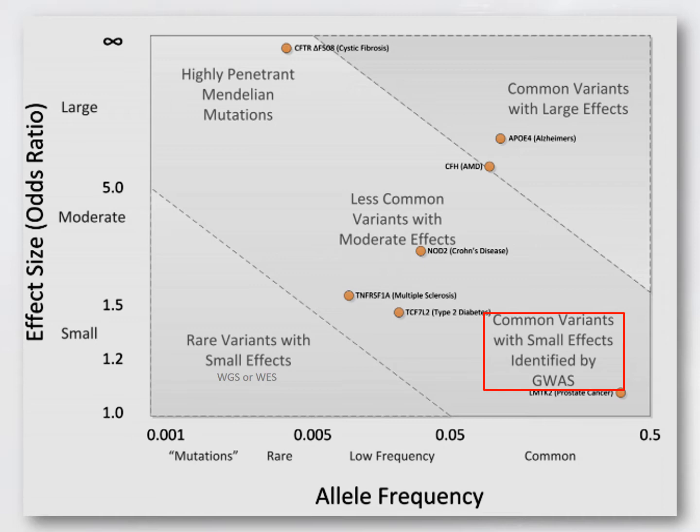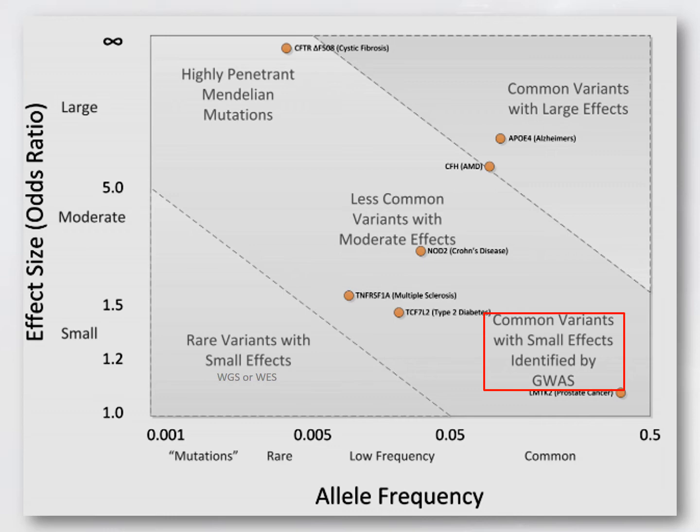On the y-axis, you have the size of the effect of those alleles on producing a certain disease or a certain trait. So, for example, alleles that have a high effect size are more likely to cause a disease versus the ones that have only a moderate or low effect, which are generally contributing to the risk of developing the disease. So they're just increasing the risk of developing a disease.